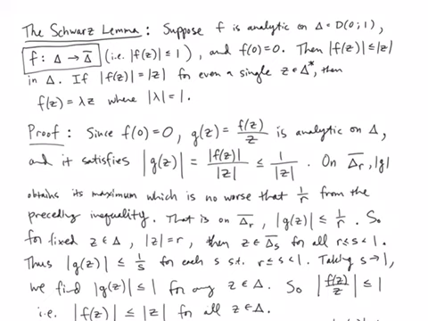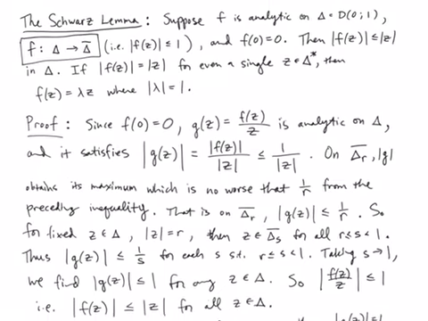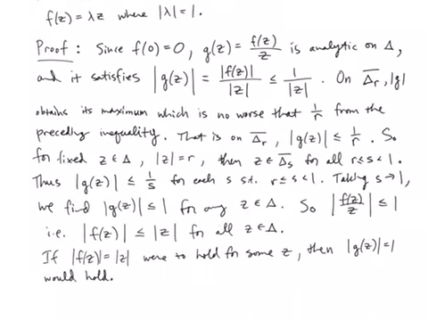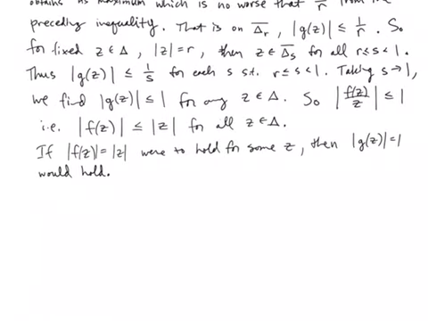The interesting condition is if f of z's norm equals the norm of z for a single z which is not 0 in the disk there. So we're assuming z is not equal to 0 here in order to divide by z and get to g of z.